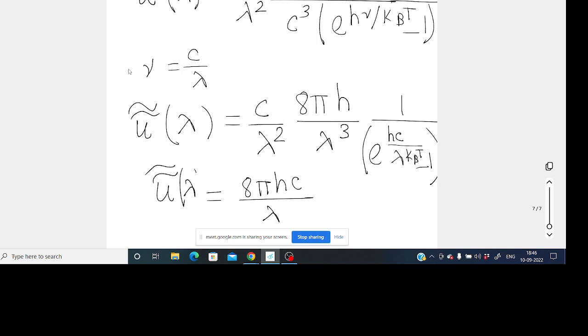So in terms of lambda, it is equal to 4 pi hc by lambda to the power 5 into 1 by e to the power hc by lambda kBT minus 1.